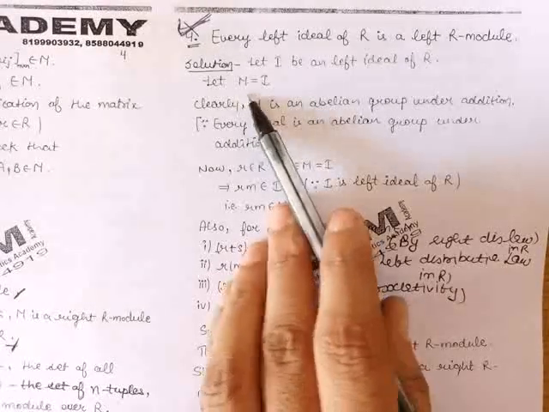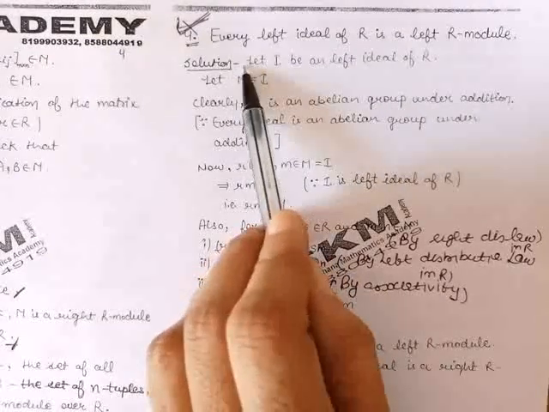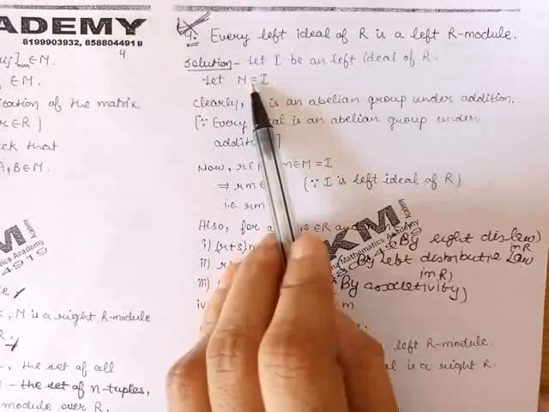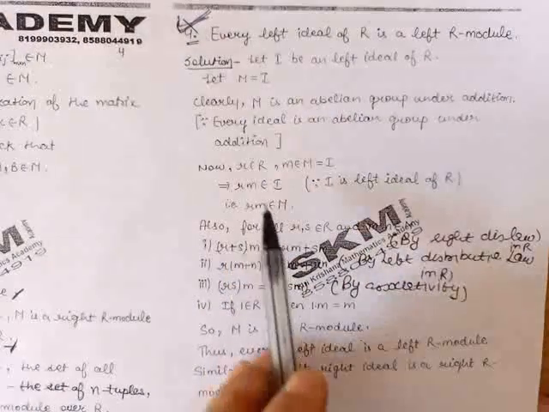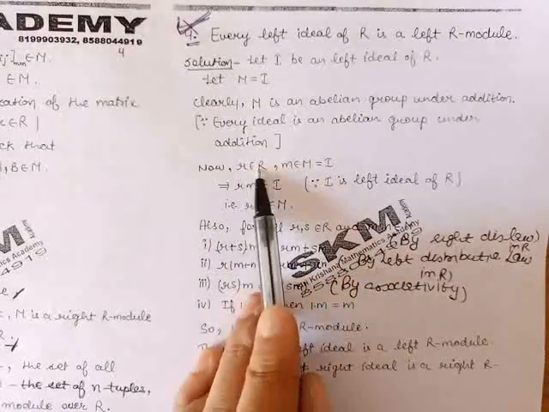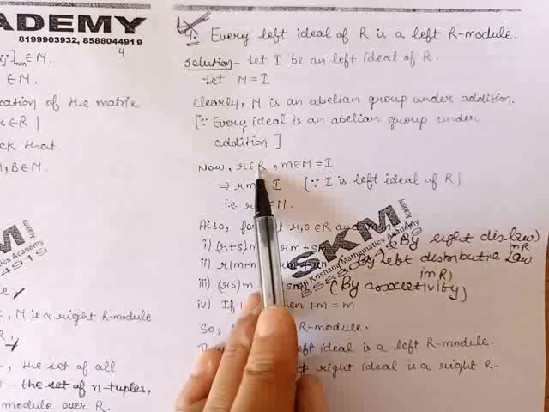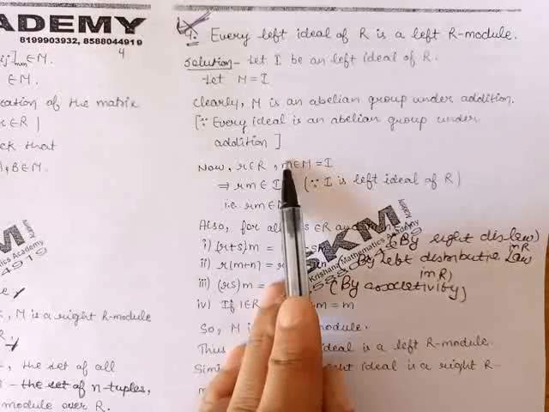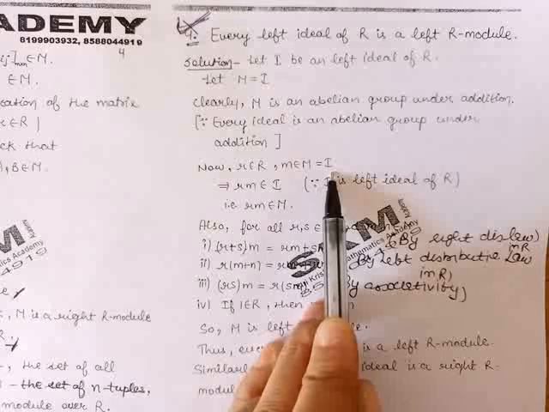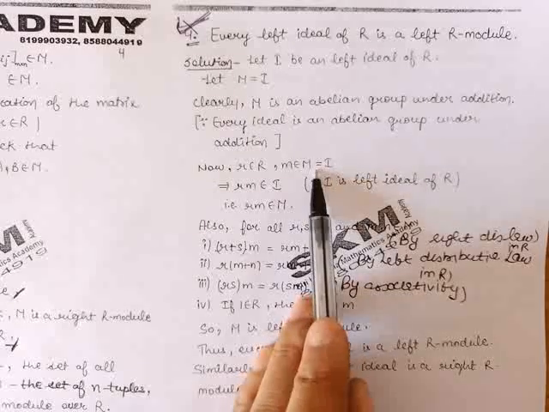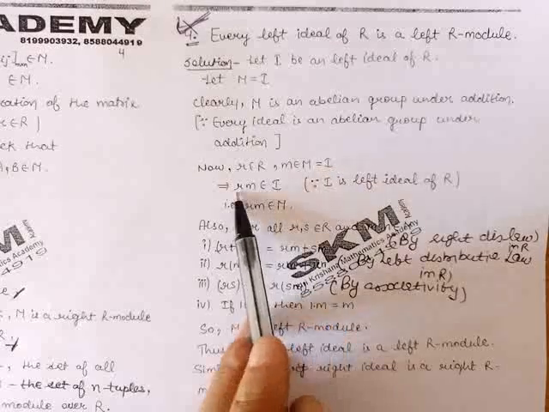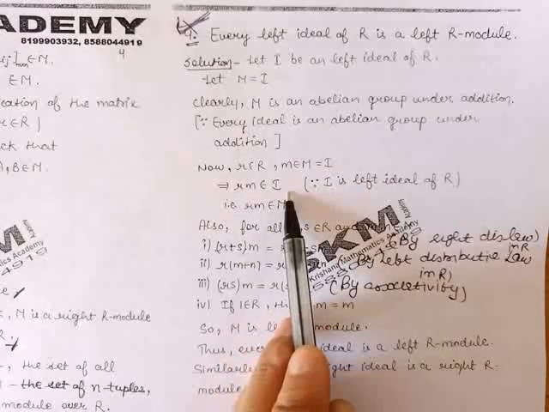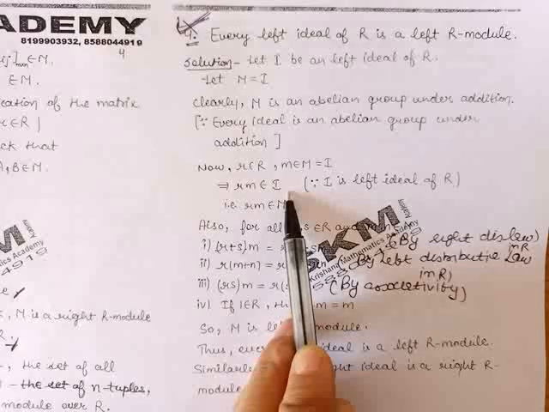So we can see that M is an abelian group under addition. Now we define the scalar multiplication. So let us take an element r belonging to the ring R and m belonging to the ideal I. Now because I is an ideal of R, so by conditions of ideal, r into m belongs to the ideal. So we have defined the scalar multiplication also.